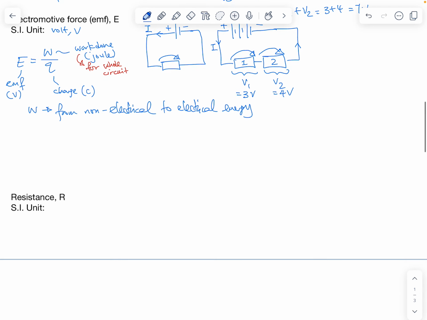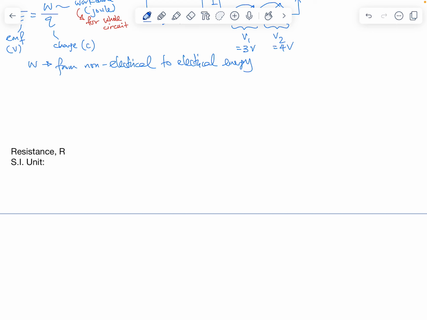Okay, finally, let's understand what resistance is. Resistance R, SI unit ohm, symbol this Greek letter omega. Now resistance is defined by Ohm's law. What is Ohm's law? R is equal to V over I. R is resistance, unit ohm. V is PD or voltage, the unit volts. I is current, the unit ampere.